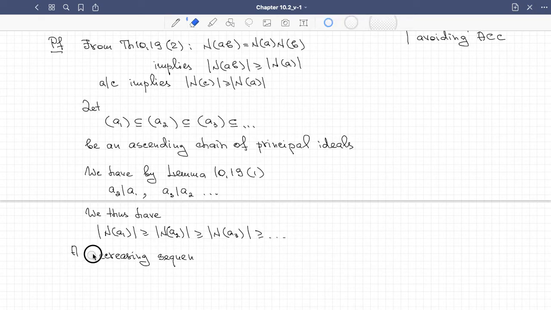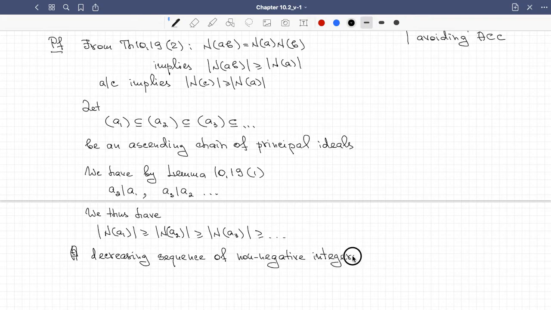It must stabilize. Another way to say that: look at the sequence of non-negative integers simply as a set.